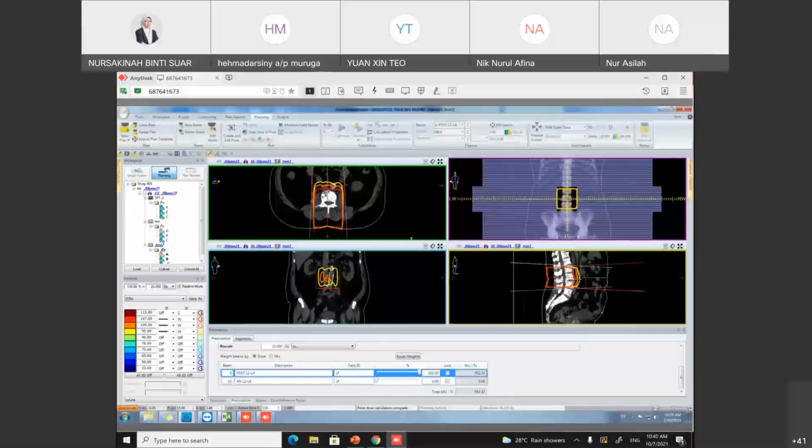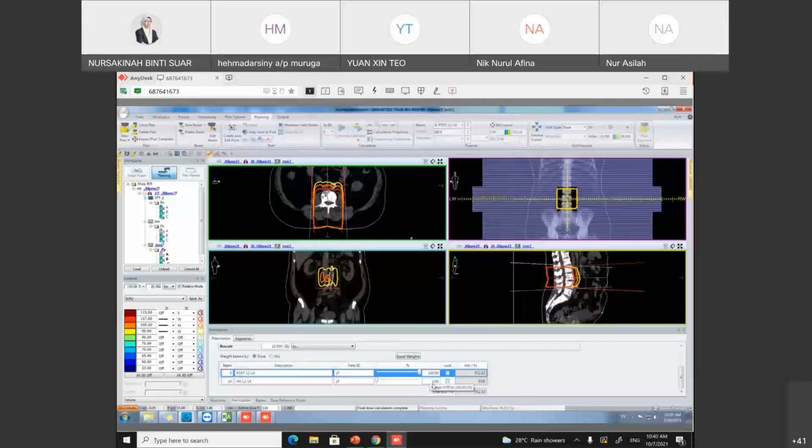Okay, 100% at your isocenter point, the orange color, but it's super high dose at the posterior. So now, how much percent do we want from each beam?